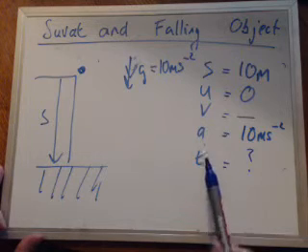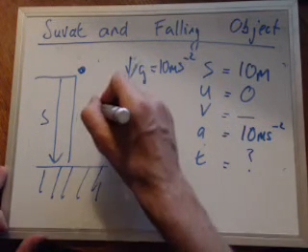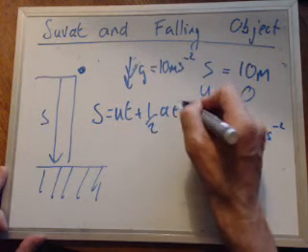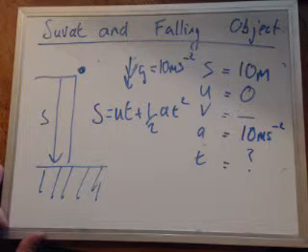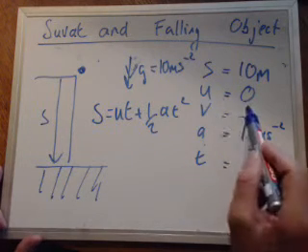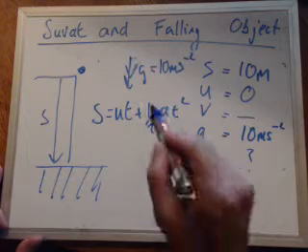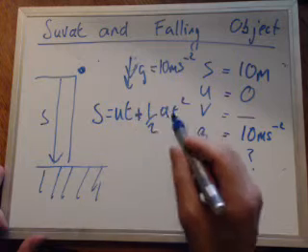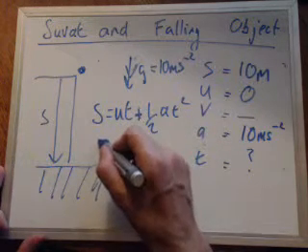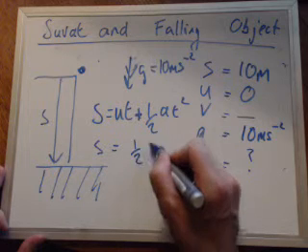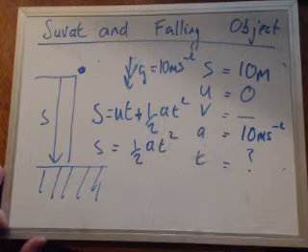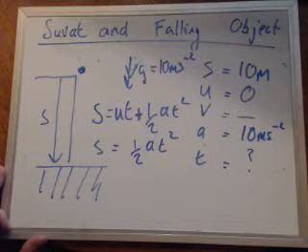So we have t, a, u, and s. We use s equals ut plus half at squared. Now, u is equal to 0. If it wasn't 0, I wouldn't use this equation because we'd have a difficult quadratic to solve, as opposed to this, which is half at squared. There is a quadratic function in there, but there's no other term. So s equals half at squared.